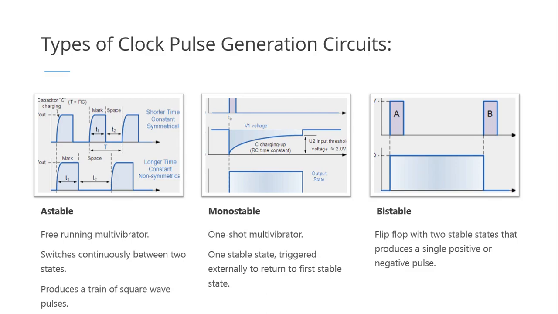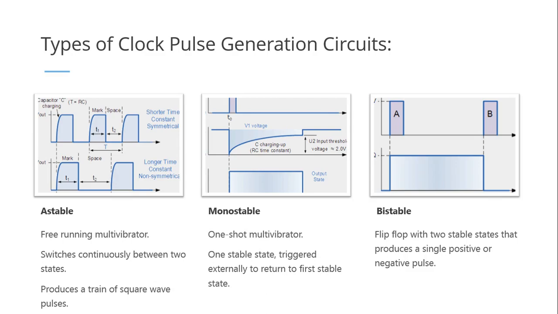If you have a one-shot multivibrator with a stable state of low, once you trigger the clock pulse, it would go into high. But after a specific period, it would go back into its stable state of low without needing an external trigger.